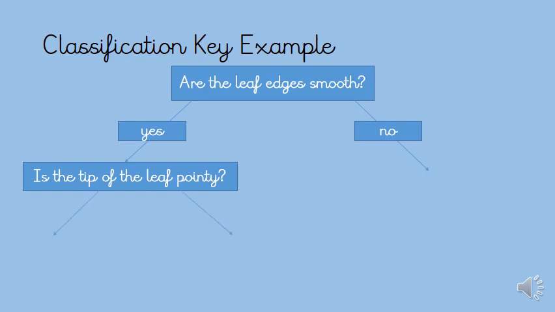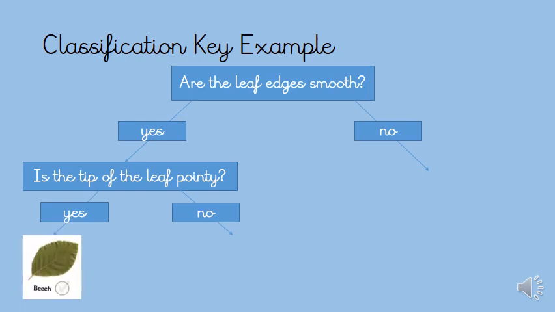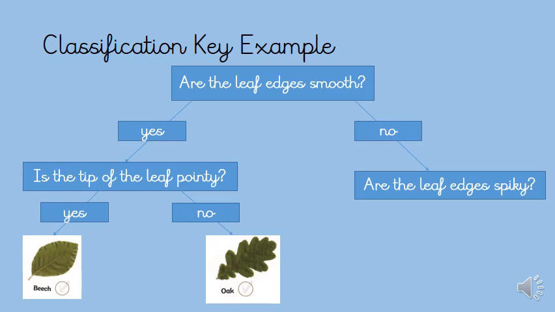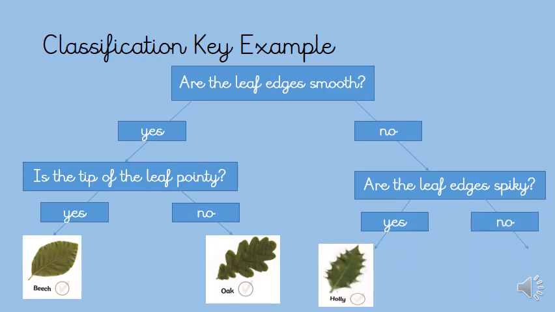And again I've got yes and no. And yes, a beech leaf has a pointy tip, and an oak leaf does not have a pointy tip. If we go back up to the top question, are the leaf edges smooth? If we answered no, my next question is going to be, are the leaf edges spiky? Again, that's got to be answered with yes and no. And the holly leaf does have spiky edges, but the sycamore leaf does not have spiky edges.